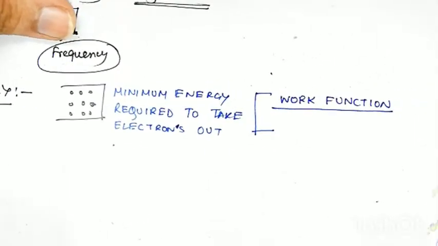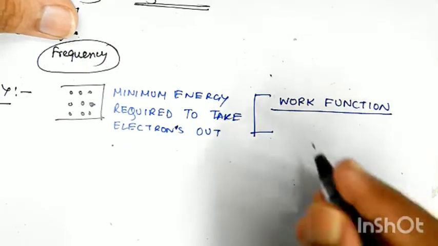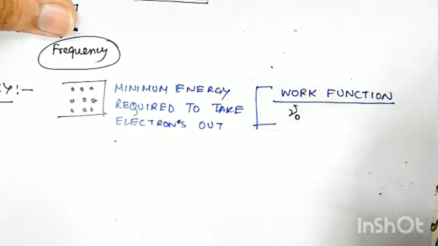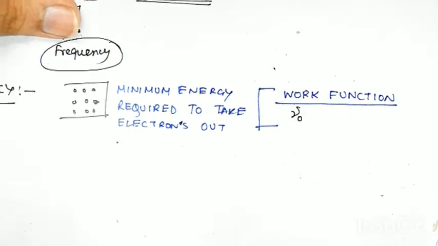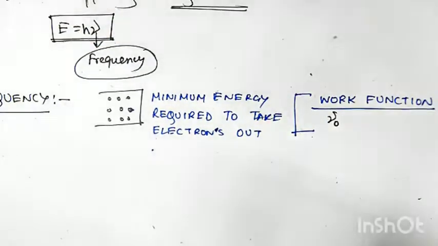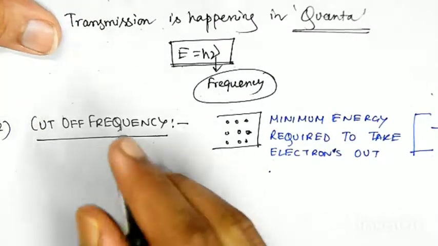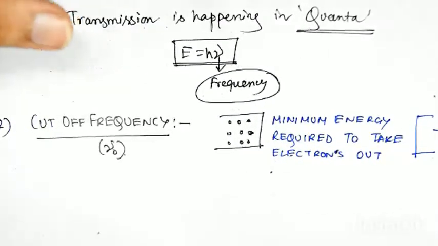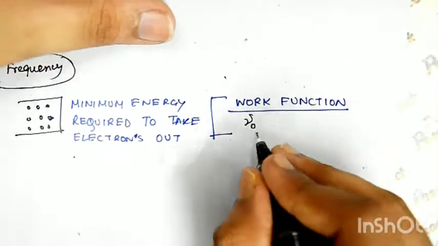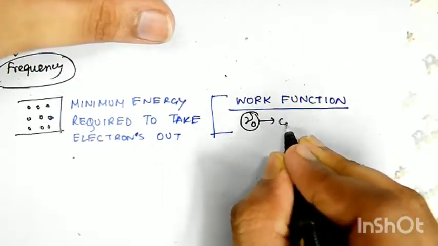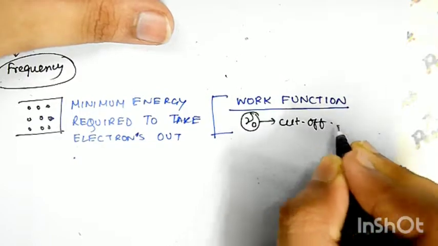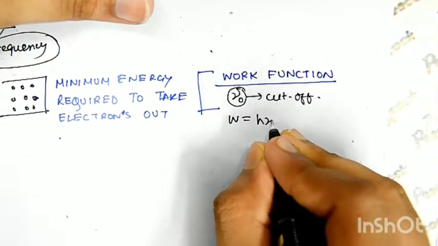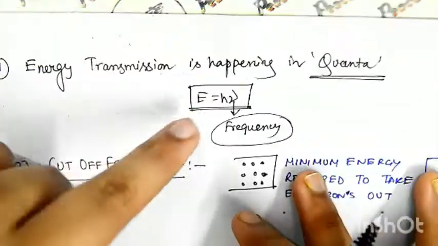Clear? If I mark nu 0 as the minimum frequency at which radiation starts, meaning the cutoff frequency, then what is the energy corresponding to it? W equals h nu 0, because E equals h nu.